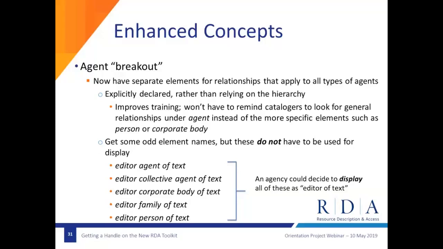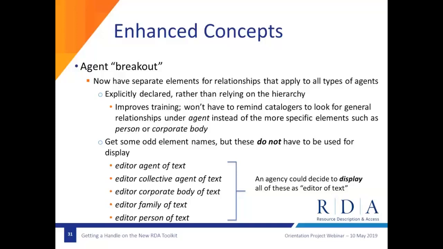So for something like editor of text, we now have editor agent of text, editor collective agent of text, editor corporate body of text, editor family of text, and editor person of text. I grant you, some of these element names are odd or awkward. They are clear, but they're not necessarily what we want to display out to our users.